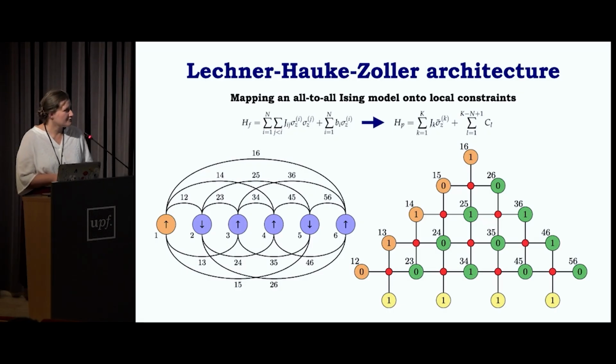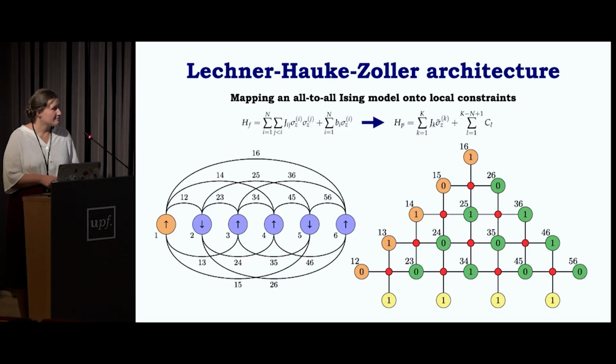And not only do we have those physical spins in this representation, but we also have to introduce some constraints, the parity constraints, to make sure that indeed the physical system reproduces the logical system.